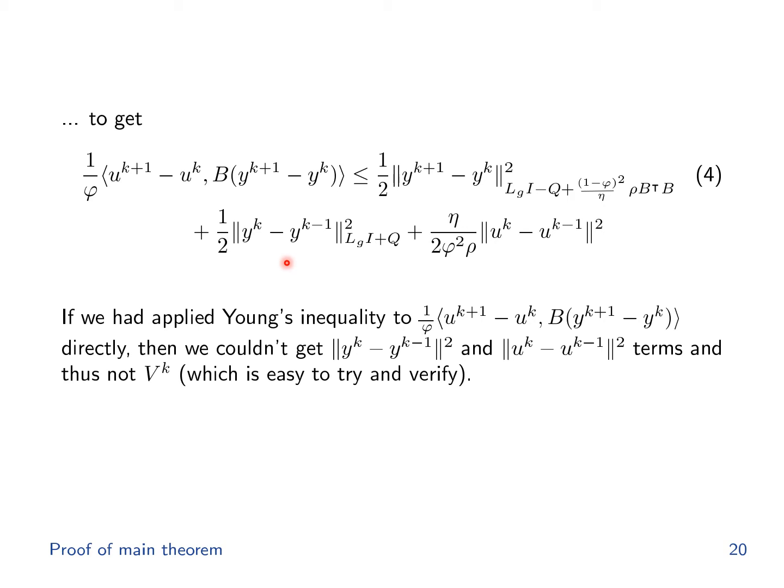And this will not allow us to include these terms in the Lyapunov function, which also means any yk plus 1 minus yk terms have to be absorbed not by the Lyapunov function, but by another means, which we will not be able to do.